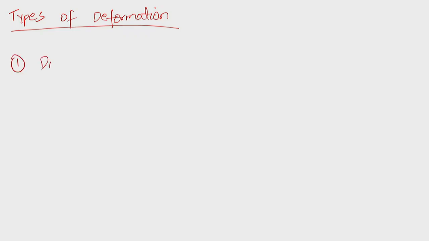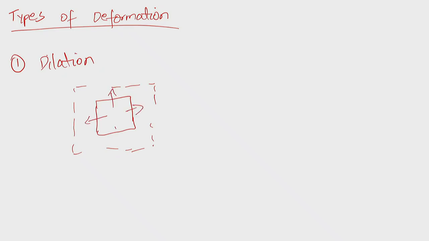The first one being dilation, in which we have this box here that increases in terms of its size. So you have an increase in volume without a change in shape. You have a volume change with the same shape.